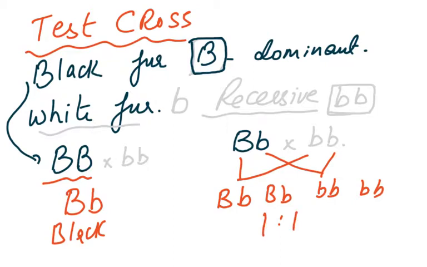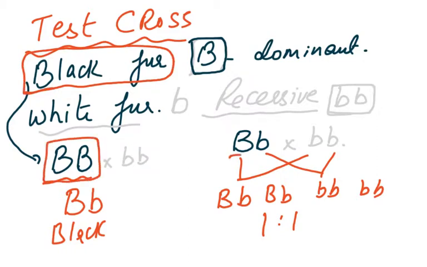So please remember, in a test cross we are not sure of the dominant animal, whether it is homozygous dominant or heterozygous. In order to find that out, you have to cross it with a known homozygous recessive animal.